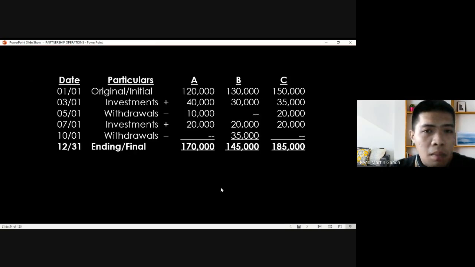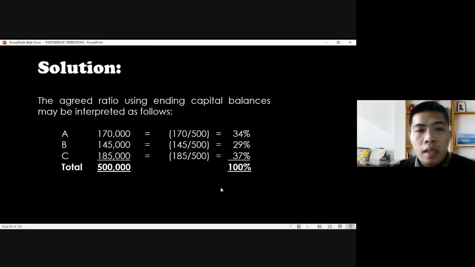So the ending capital balances, if you're going to notice in the table that we have for the problem, we have 170,000, 145,000, and 185,000 respectively for A, B, and C. Using that, the same as with the original capital balances, make ratios or percentages. So 170,000 plus 145,000 plus 185,000 is a total of 500,000.